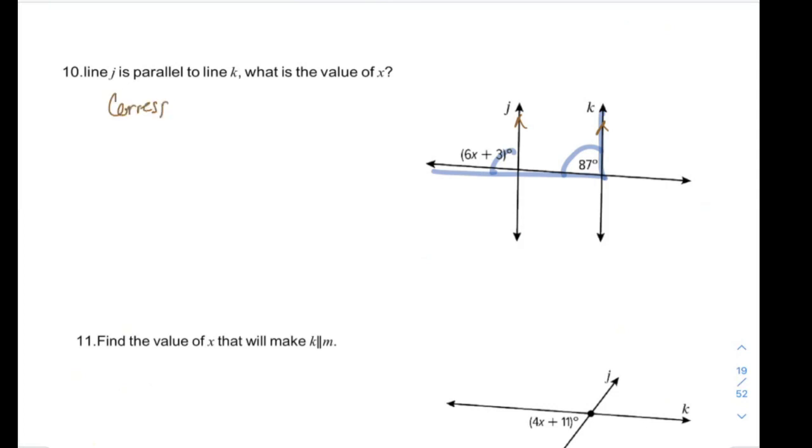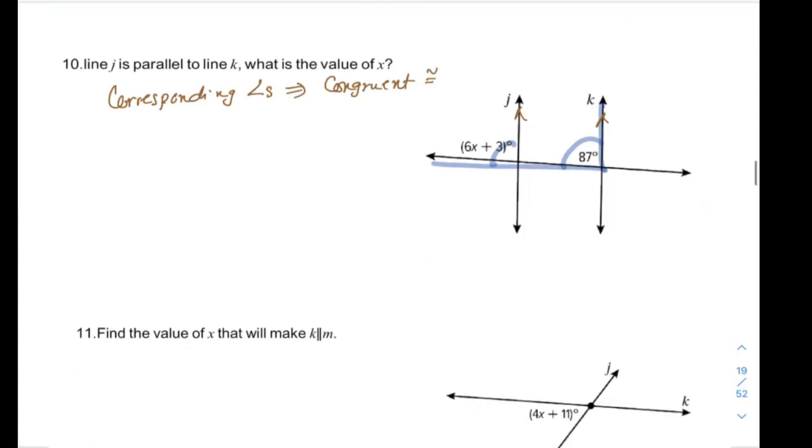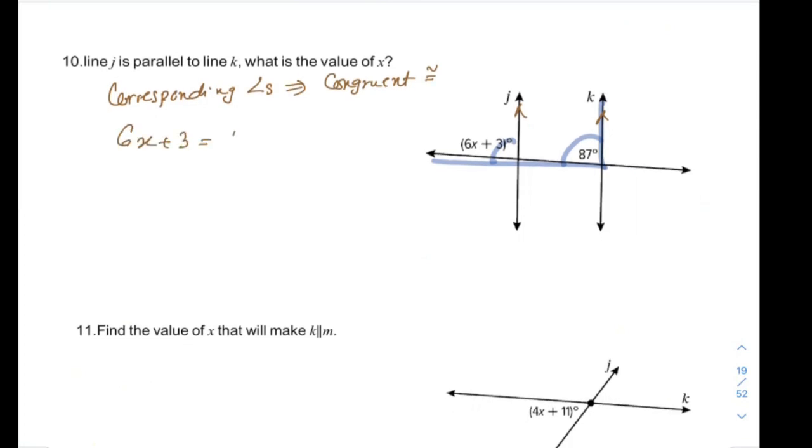Since the angles are corresponding angles, then they are congruent. Congruent means equal in measure. That means we can set up the equation in this form, solving this equation, leading to x equals 14.